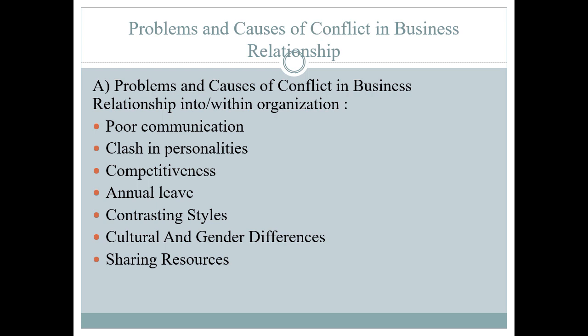Whenever superior and subordinate are working in a team, the messages or the communication which is expected from superior to subordinate and subordinate to superior, due to some misunderstandings, due to some improper communication, the message which they were supposed to deliver might be wrongly delivered.